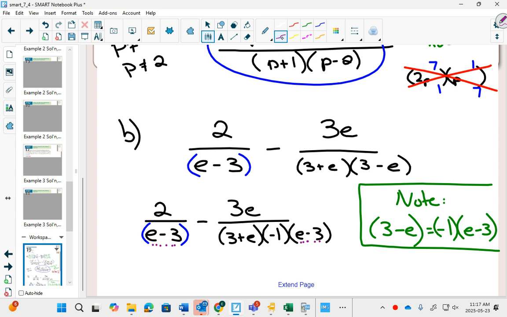So if I want to add or subtract, I need to get a common denominator first. At least something's the same now, which makes the common denominator smaller, which can be really disastrous if you make it too big. We'll see that in an example coming up in the next question.